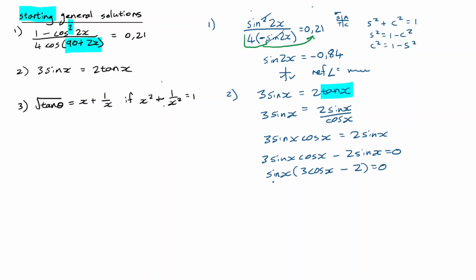And whenever you've got something chilling in the front, it's always going to be naught. And so there it is, naught, my brew. And on the other side, that's just going to be cos x equals 2 over 3, and I'm ready to do the same thing. So I'm going to tick the quadrants, and I'm going to get a reference angle. The last one, as I'm looking at this, it feels too hectic. So I think I'm going to actually do this one in a separate video.